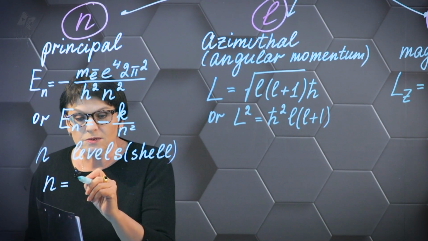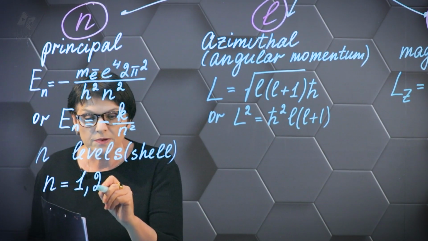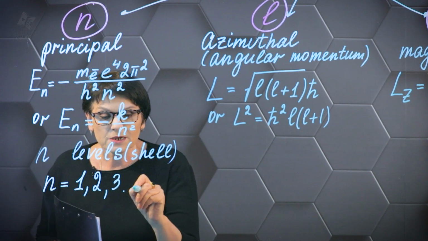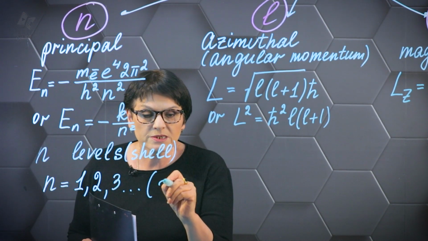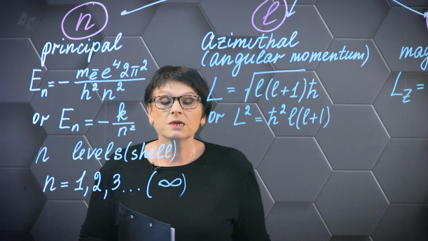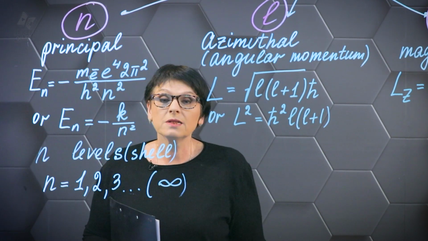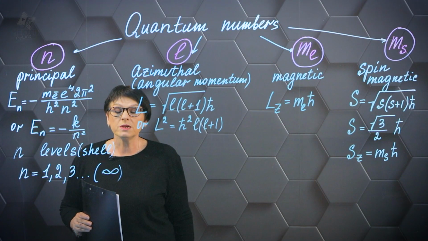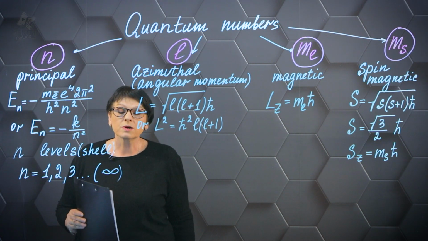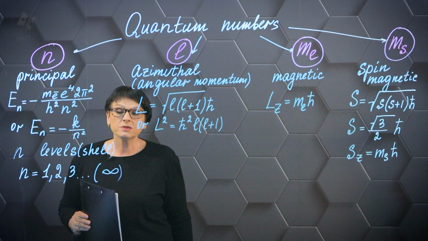It can be 1, 2, 3, and so on up to infinity. But at present in the periodic system, the maximum principal quantum number is equal to 7, according to the 7th ordinal number of the level, which you can see in the periodic table.